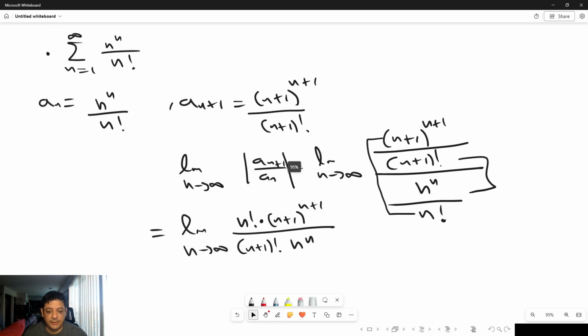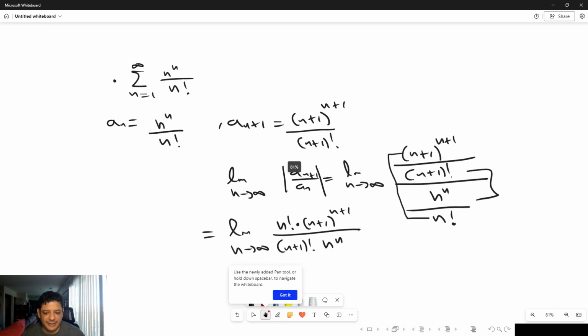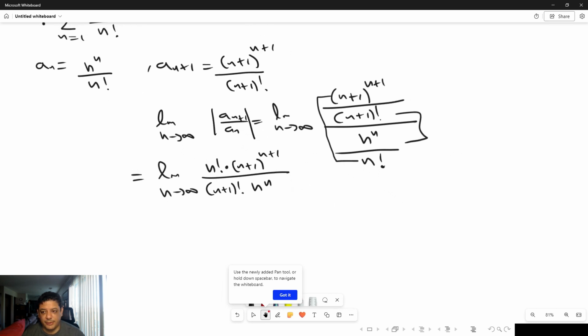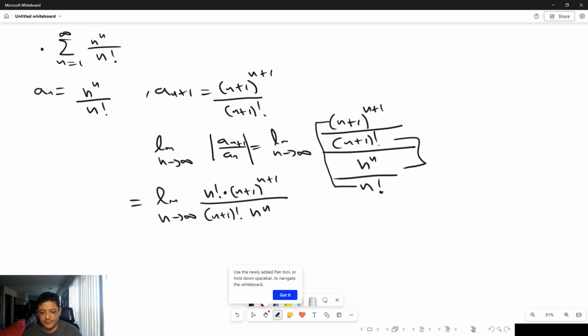And so now notice that it will be nice if I can fold the powers into a single thing, so I can simplify in the limit, and that's precisely what I'm going to attempt to do. So I'm going to remove this n plus 1. And notice that n plus 1 times n factorial is just n plus 1 factorial.